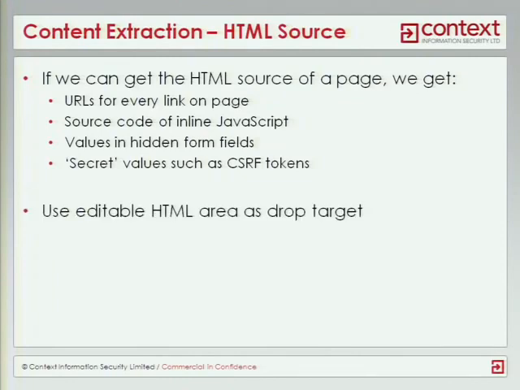So to get the source of a page, we can use the same method I showed you before, but instead of using the drag and drop API in the browsers, we can use an editable HTML area when the user drops the text onto there. Every web browser has a rich text editor built in, and it's the kind of thing that you use when you're in webmail editors and so on. You can make text bold, you can make it italic, and there you're actually editing HTML.